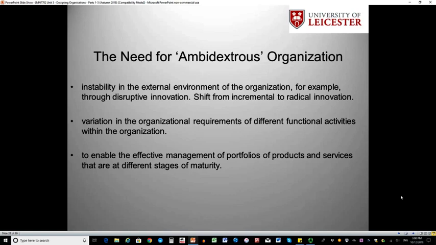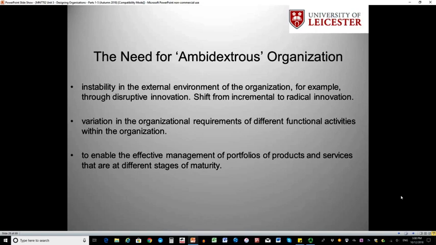So we can see that in finance, in accounting, possibly in human resource management, where you have a lot of HR policies, and certainly in production, you might require a mechanistic mode, whereas in R&D you would want a much more organic mode.